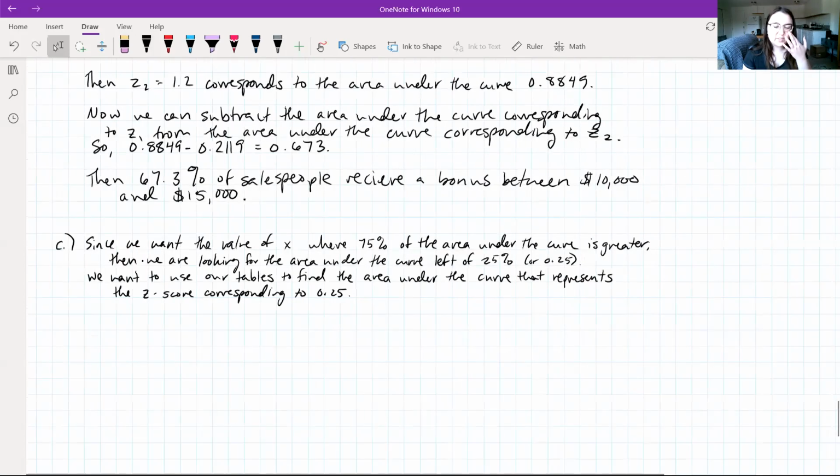Because we know our x value is going to be some value that's in the thousands, because we know that these are our x values. We're thinking about values like 10,000 and our mean is 12,000 and things like that. So we know our x value is going to be in the thousands. So if we're thinking about 75% or less of our area under our curve, that means we need to find the z-score that corresponds to 0.25.